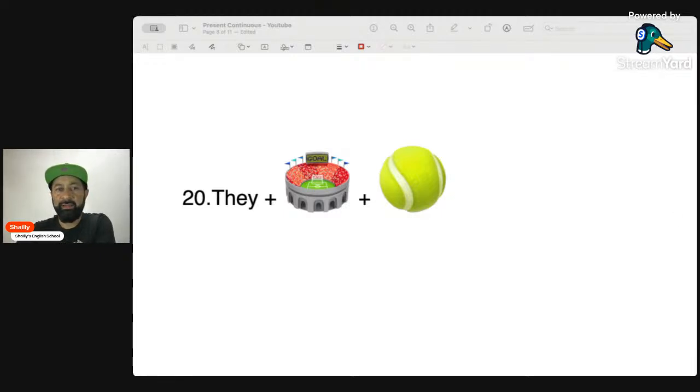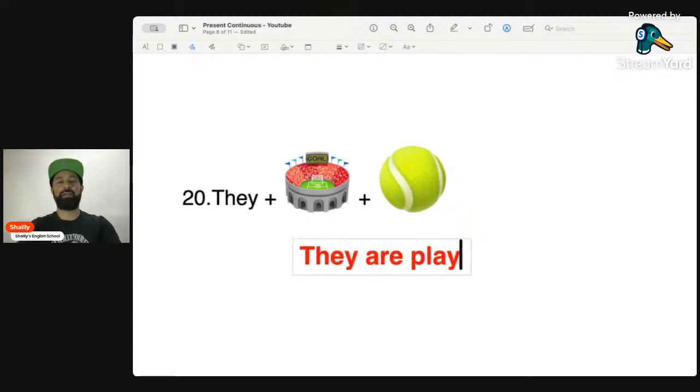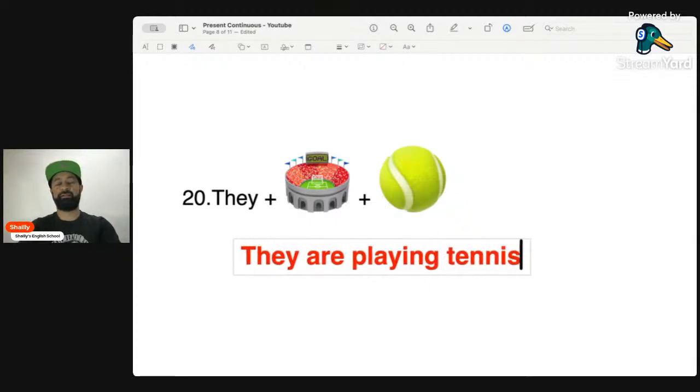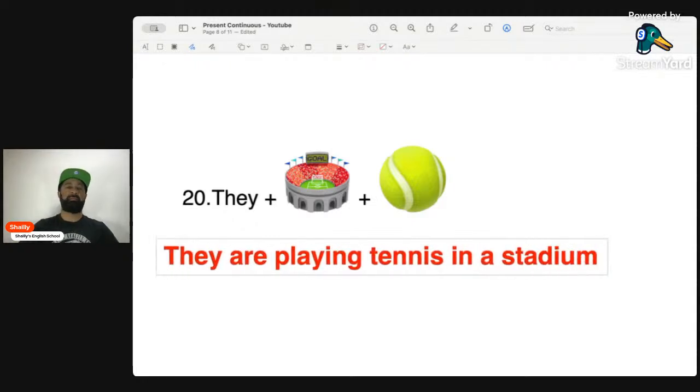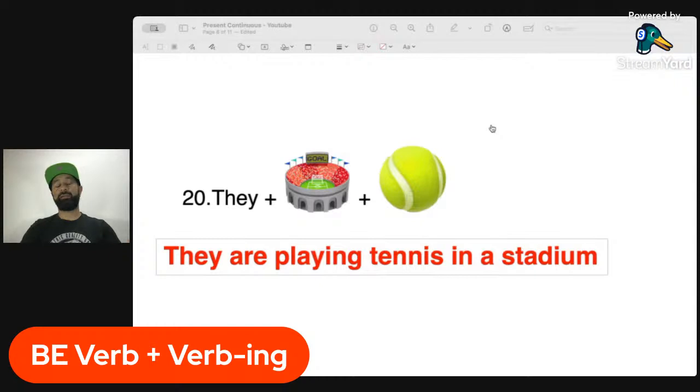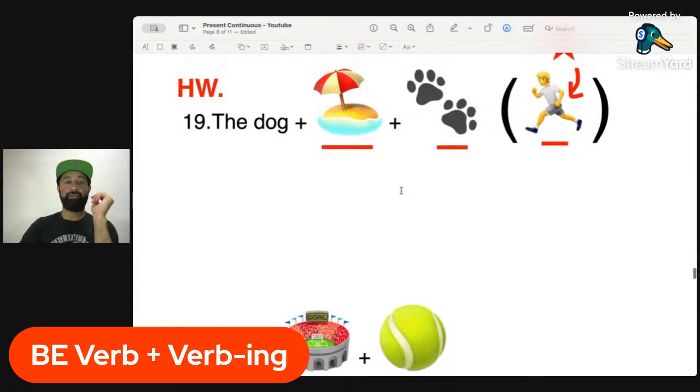All right, so my answer for this one would be: they are playing tennis in a stadium. Okay, so remember, every one of these sentences, we're using present continuous, and it's going to be the be verb plus verb-ing. Remember, you've got a couple of things for homework.